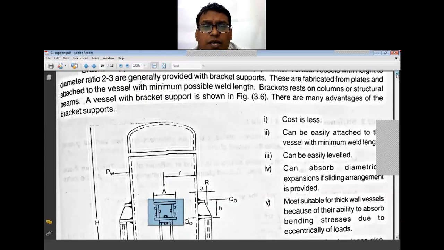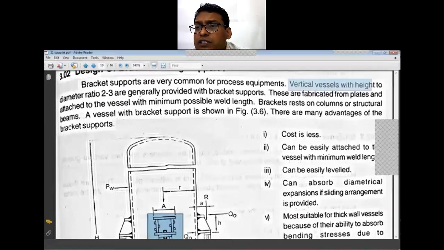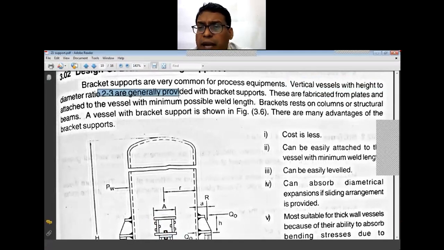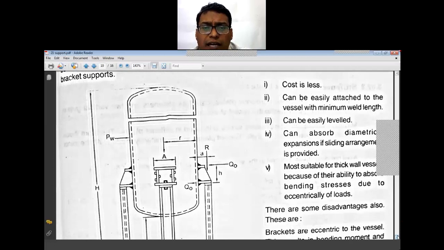The L by D ratio is not too high. Vertical vessels with a height to diameter ratio of 2 to 3 are generally provided with bracket supports, and these are fabricated from plates and attached to the vessel with the minimum possible weld length.